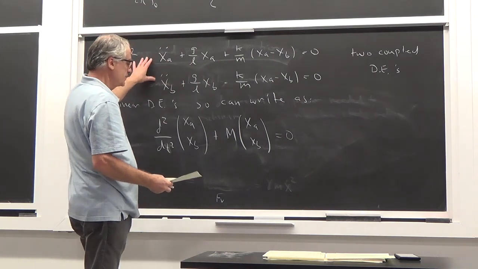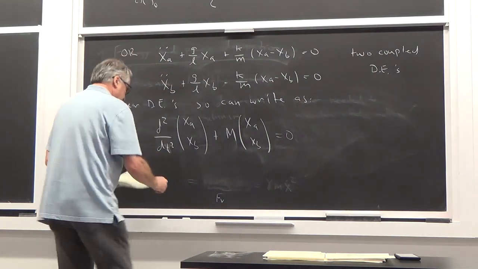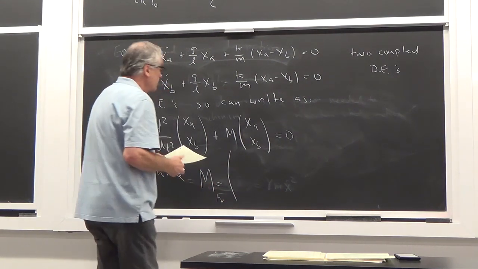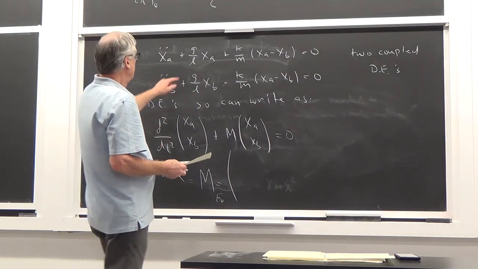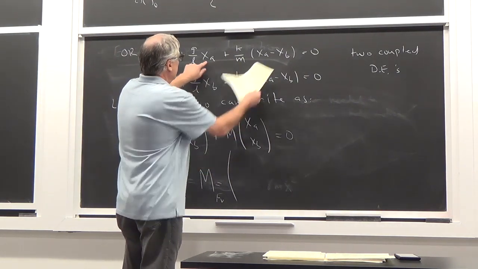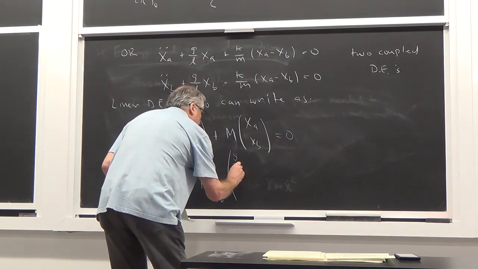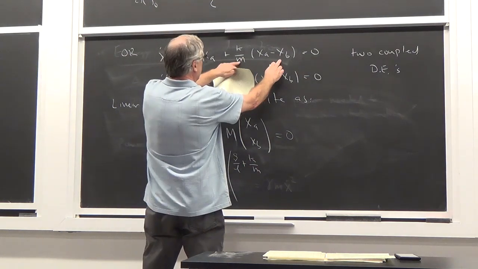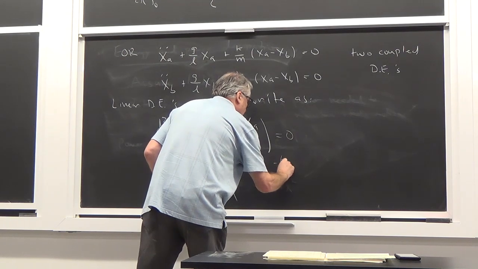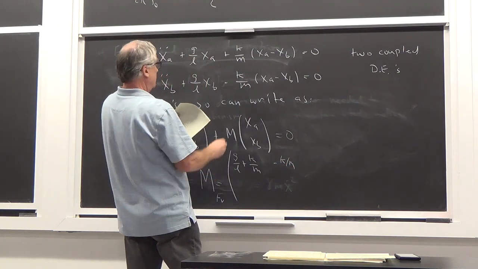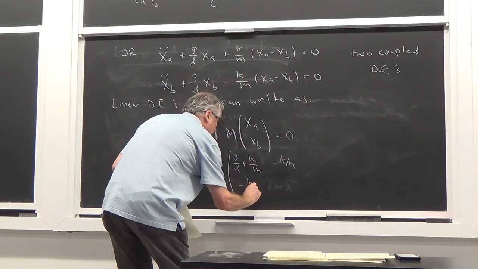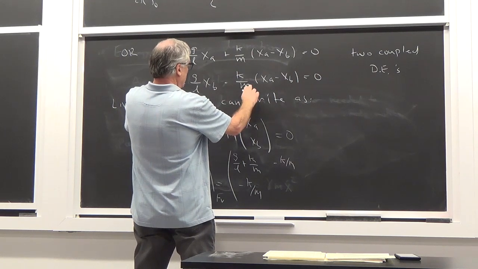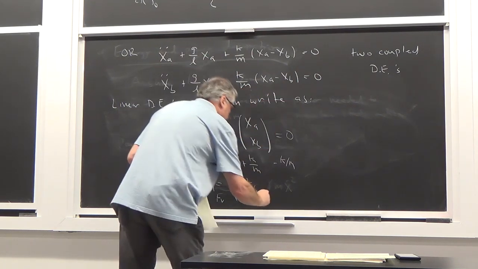So I'm writing the same equation as here, except that I am defining my matrix M to be, so I read off the terms here: g over L plus k over m times x sub A, minus k over m times x sub B, minus k over m times x sub A, and g over L plus k over m times x sub B.